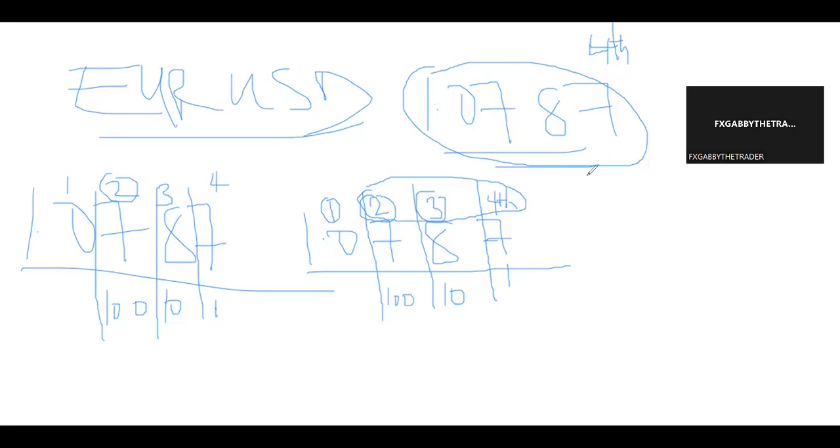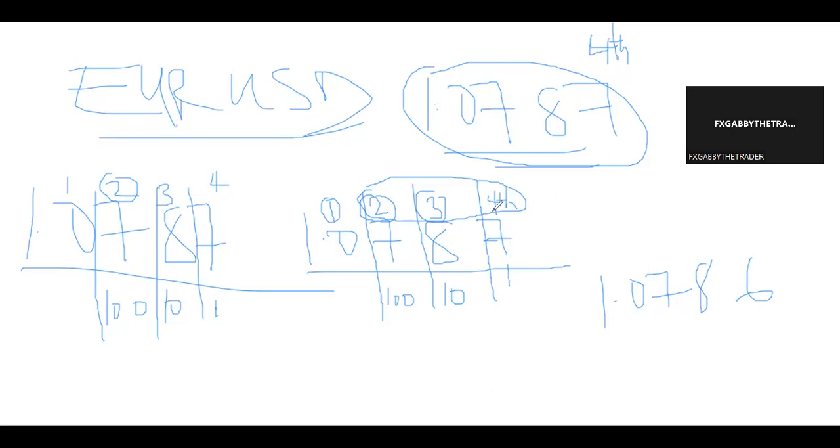Now, if we said the price of Euro USD has changed from that current price from 1.0787 to 1.0786. Now, where did the number change? The 0 is still here. The 7 is still here. The 8 is still here.